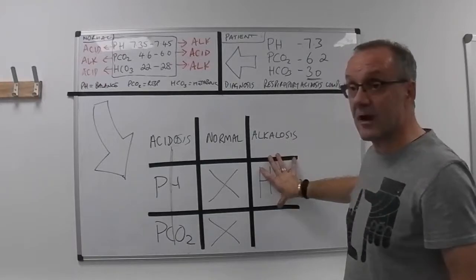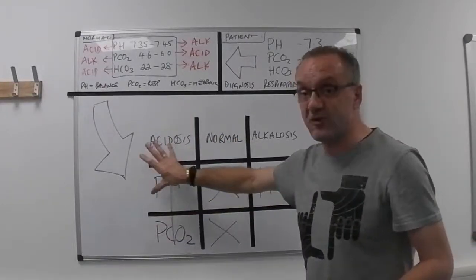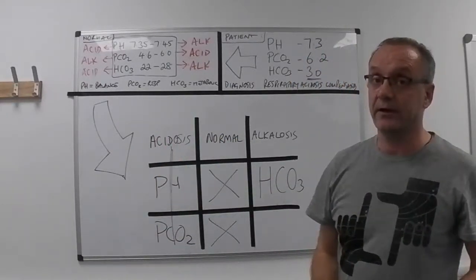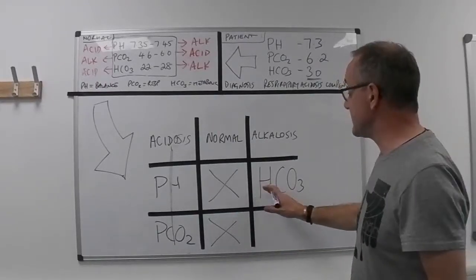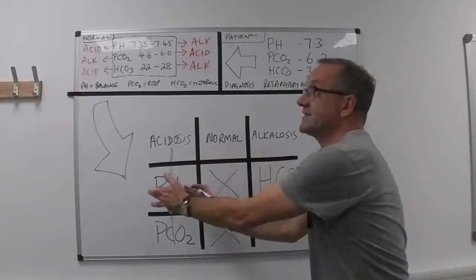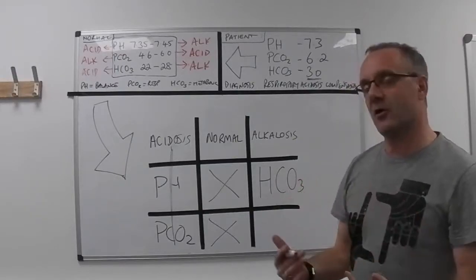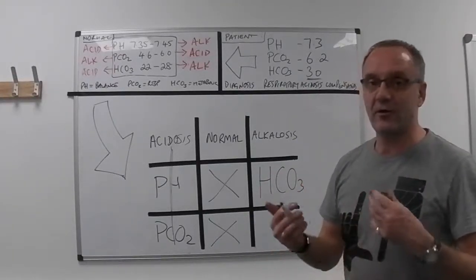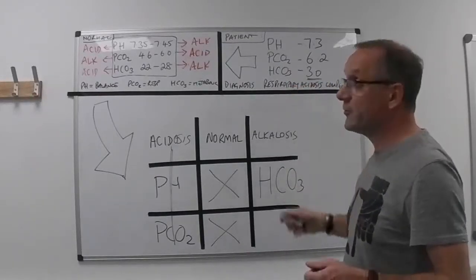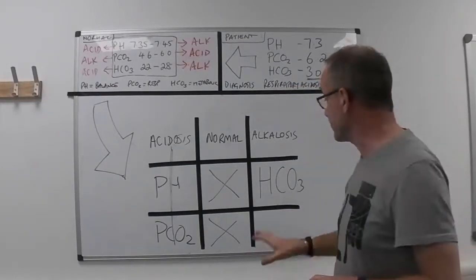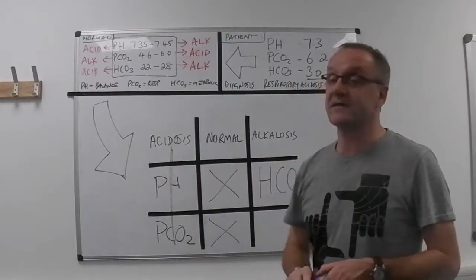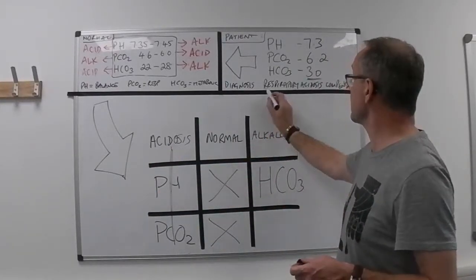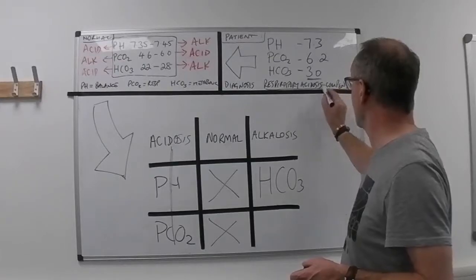So that's why these are abnormal. It's trying to respond to rectify this situation. So because it's doing that, and because these are abnormal, and it's trying to fix that problem, this becomes compensated. And again, I'm not going into detail about whether it's partially, fully, or whatever else. It's just that there's a compensatory mechanism going on with the body to fix the acidosis. So in this instance, it's a respiratory acidosis compensated.